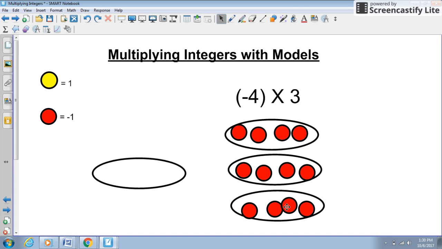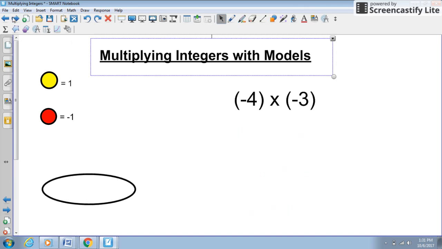I have 12 total, and as we know, red is negative 1. So my answer is still negative 12. Again, probably not the most difficult thing you've learned. It's going to take some practice though. Let's look at something else.